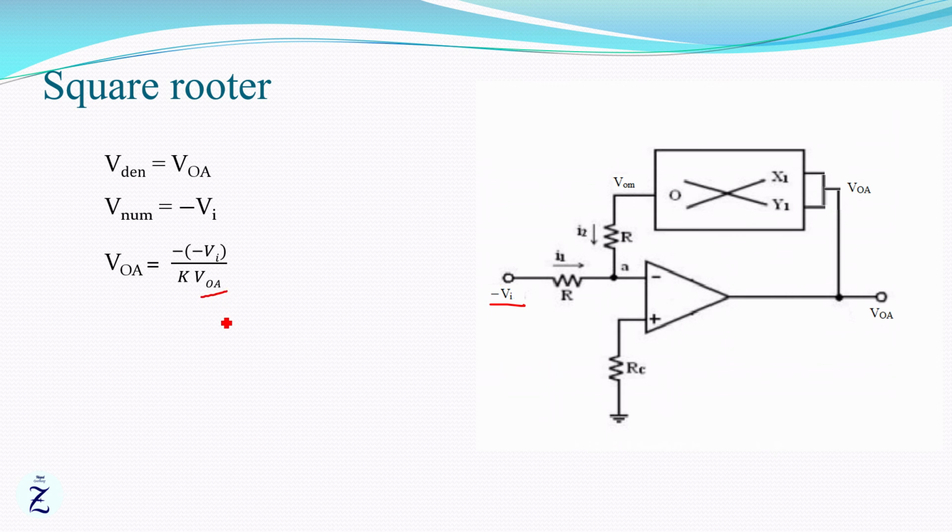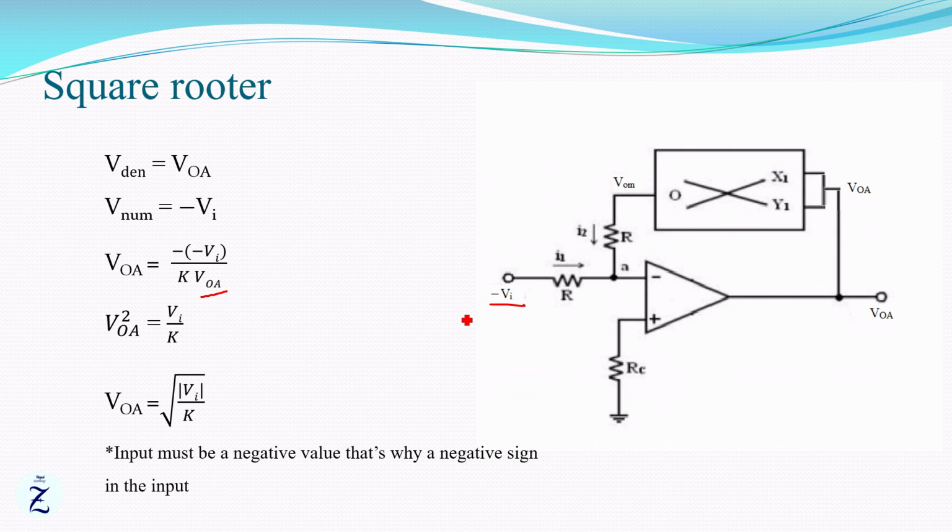Take this VOA towards the LHS, hence VOA square will be equal to Vi divided by K, or VOA is equal to the square root of Vi divided by K. Here we should remember one thing: the input voltage must be negative. That's why a minus sign is in the input voltage.